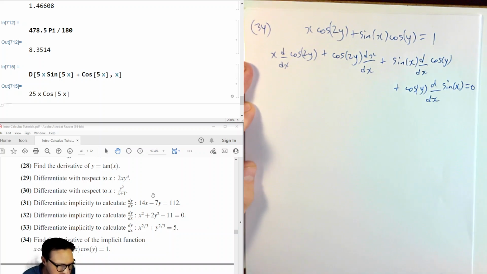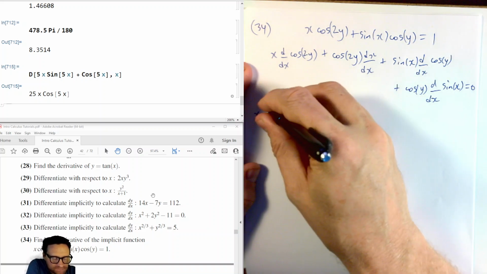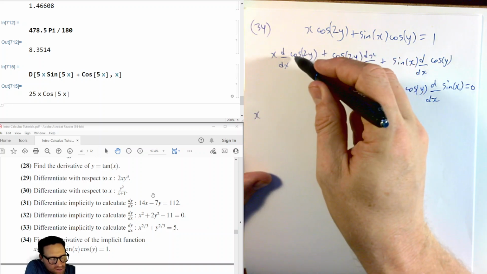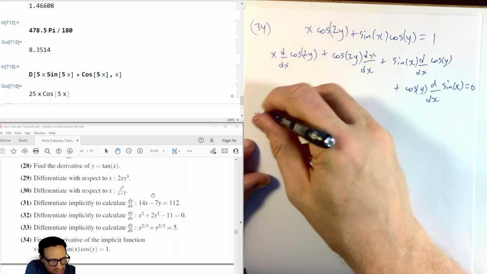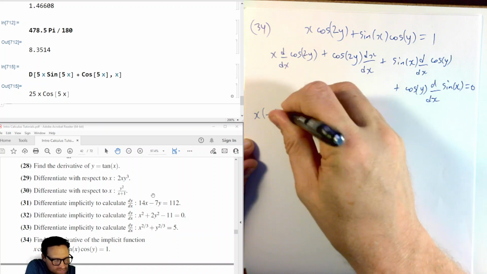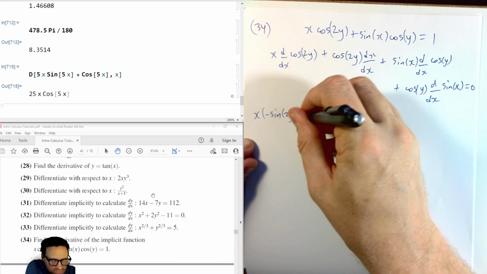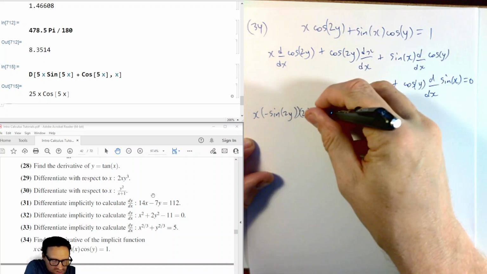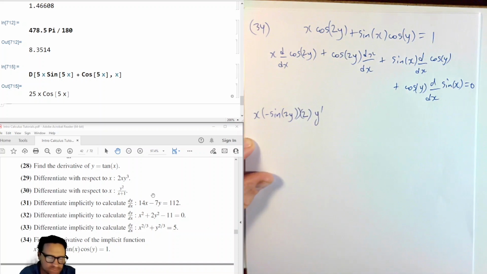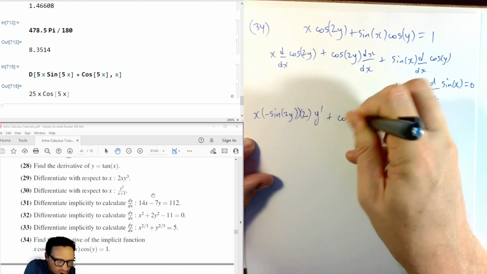Okay, now we need to simplify this. So this one requires the chain rule. So x times the derivative of cos of 2y with respect to y, which is minus sine 2y times 2, and then multiplied by y', because we need the chain rule there. Now this derivative is just 1, so we have plus cos of 2y.